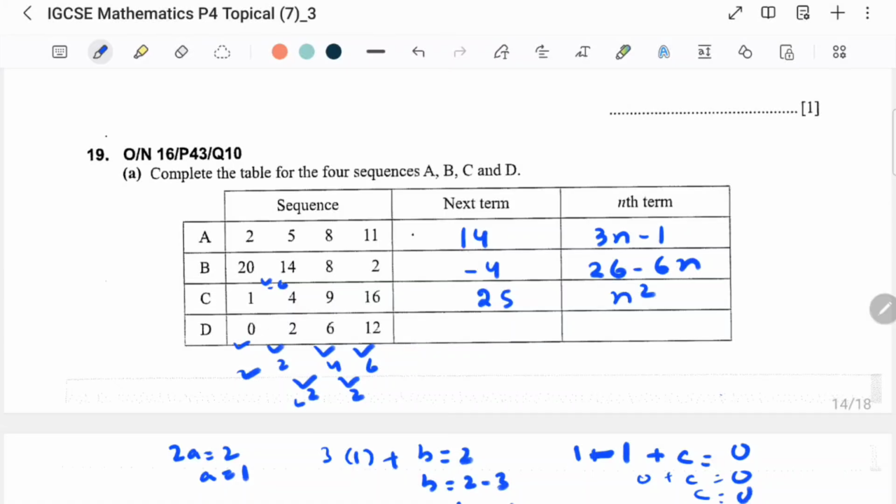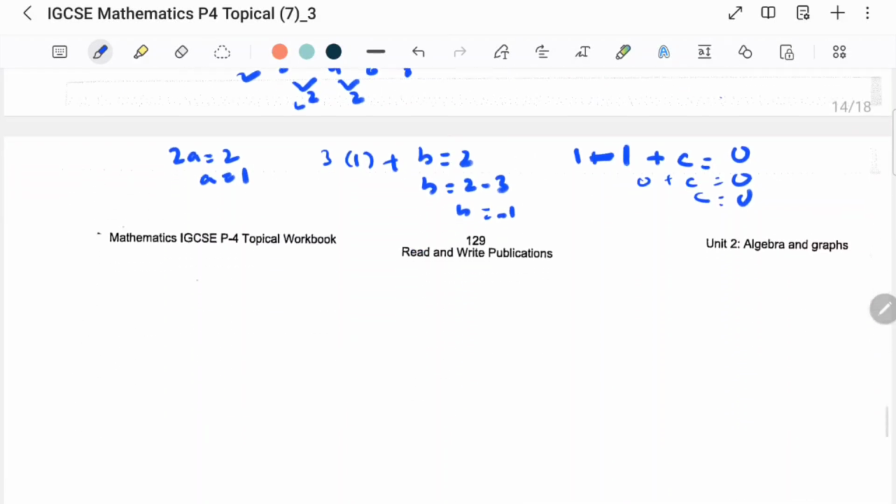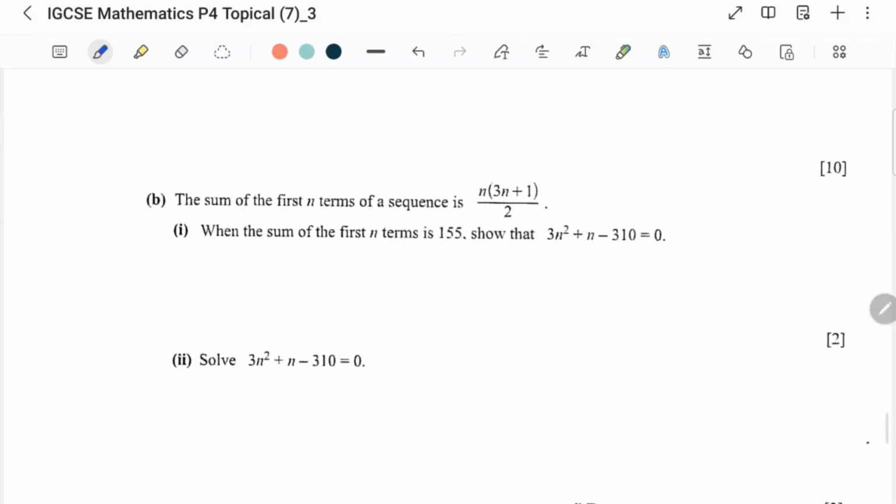So a n square plus b n plus c will be equal to n square minus n, and you will be adding 8 to it to get the next number, which is 20. Now that was a 10 marks question, you'll have to do everything. I just did it very quickly.